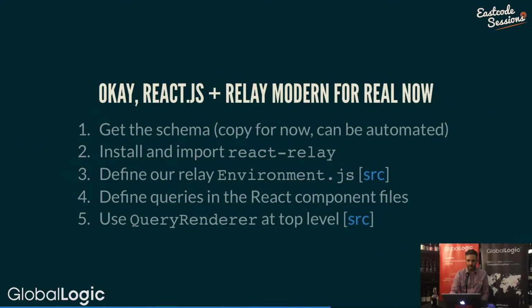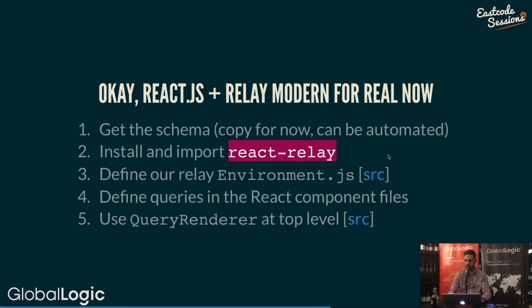So, okay, what we need to do to get our React.js app running on GraphQL data using Relay Modern is a couple of steps. We need to get the schema. So the schema that we built on the GraphQL server side, the schema that defines the types that we have, the client needs to know about that. We can just copy it for now, but it can be automated, or should be automated. That's fine. We install and import React Relay.